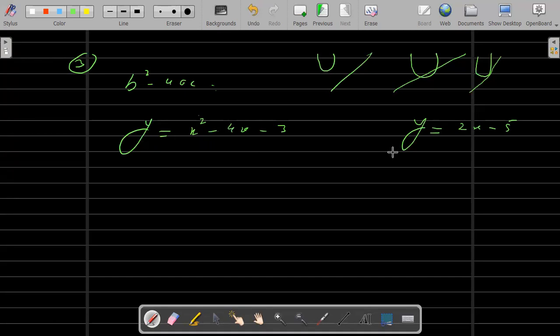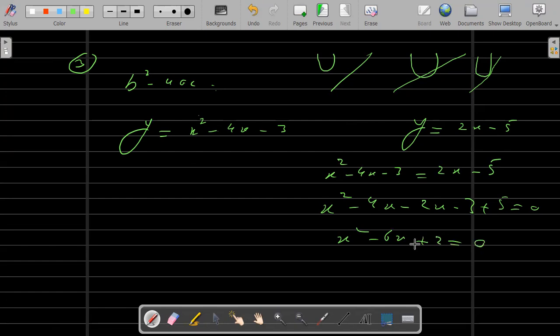So here in place of y, you can use this. x square minus 4x minus 3 is equal to this, which is also easy inshallah. Now shift it there. Quadratic equation means should be equal to 0. So x square minus 6x plus 2 equal to 0. Okay.